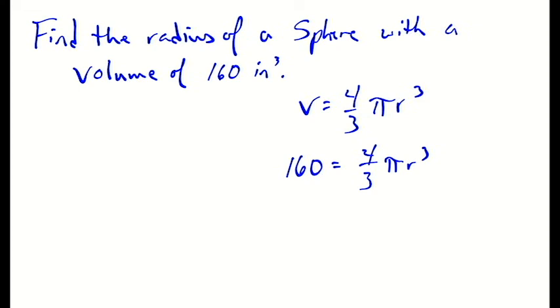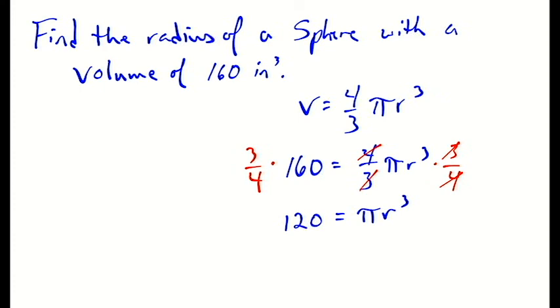Now, algebraically, what you want to do here is we want to get rid of that 4/3 first. So we're going to multiply both sides by the reciprocal, which is 3/4. On the right side, the 4's cancel and the 3's cancel. On the left side here, as we work through this, we're looking at 160 divided by 4, which is 40. 40 times 3 would give us 120, equals pi r cubed.